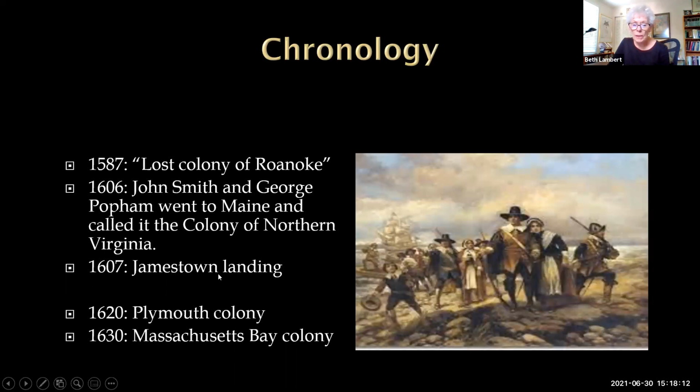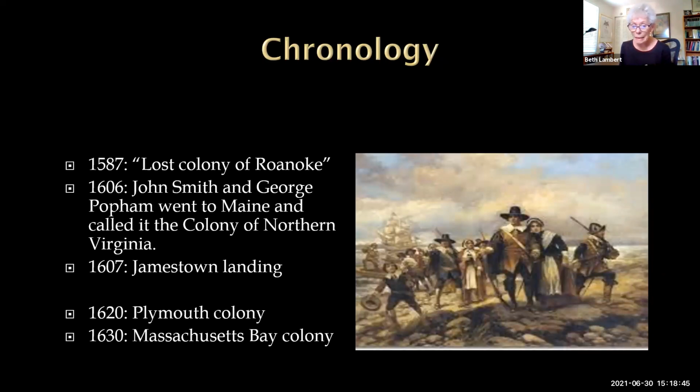1607, of course, was Jamestown Landing. And then in 1620, the Plymouth colony was settled. And this is the old Plymouth Rock. This was a group that came, the Puritans, a group of them in England who went to The Hague and settled there and became unhappy because their children were not practicing their religion or their way of life.